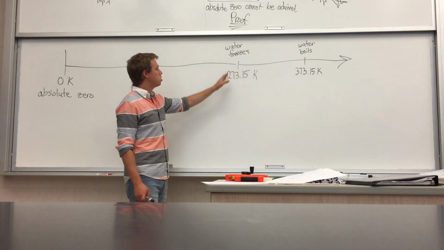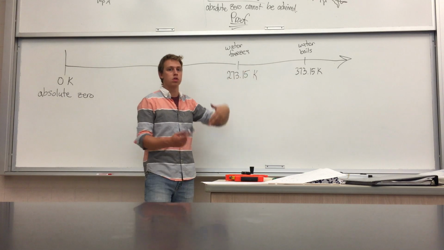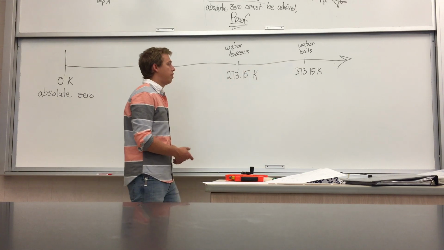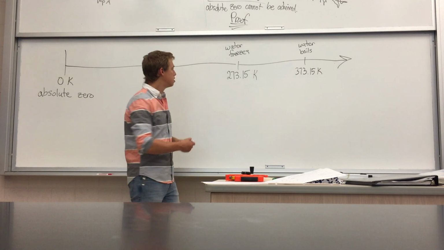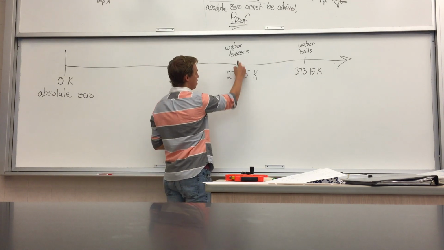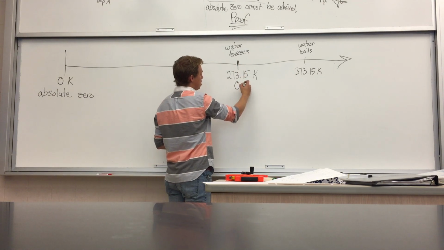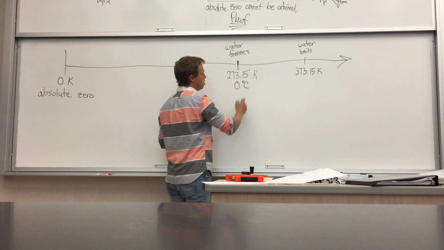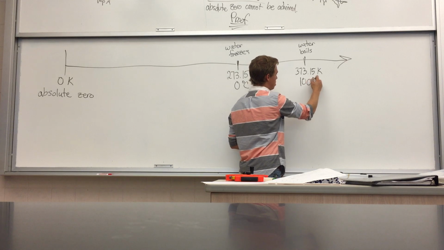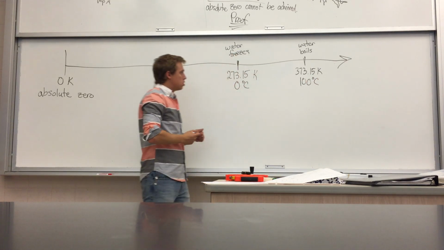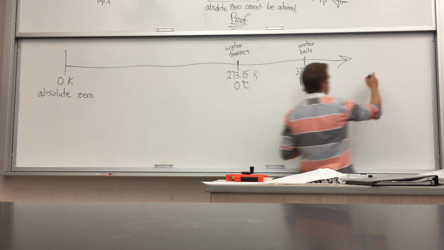And because of these 2 special places, the freezing and boiling point of water, that's what led people to introduce the Celsius scale. So right here, this same mark is also 0 degrees Celsius, and here at the boiling point, it's 100 degrees Celsius. And so all of this is metric.